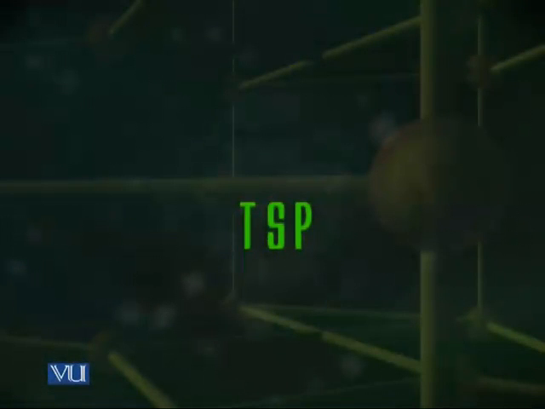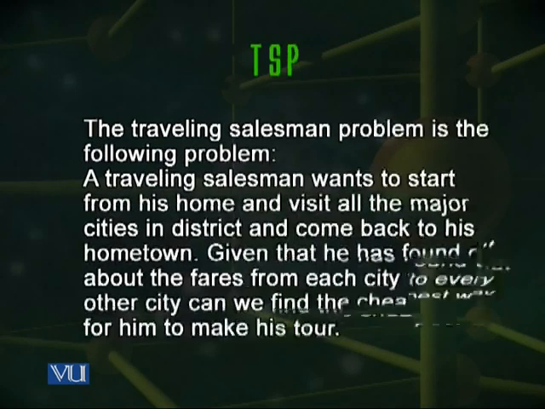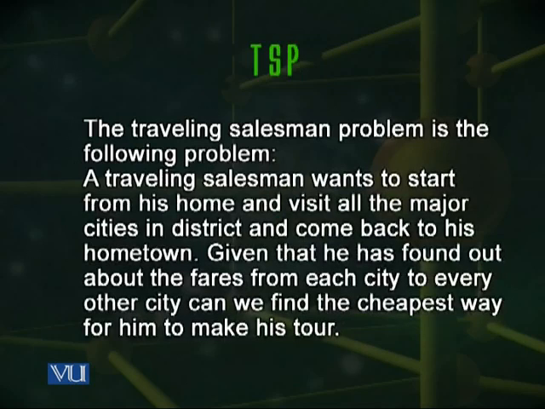Now, let's discuss another very, very celebrated question, which is called the traveling salesman problem. The traveling salesman problem is the following problem. A traveling salesman wants to start from his home and visit all the major cities in a district and come back to his hometown. Given that he has found out about all the fares from each city to every other city, can we find the cheapest way for him to make his tour?